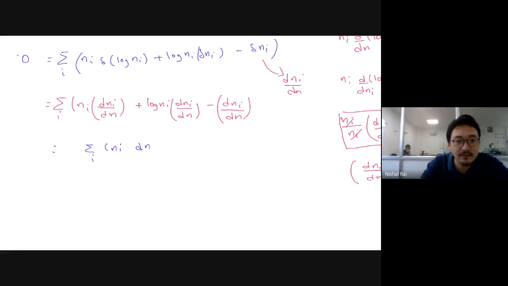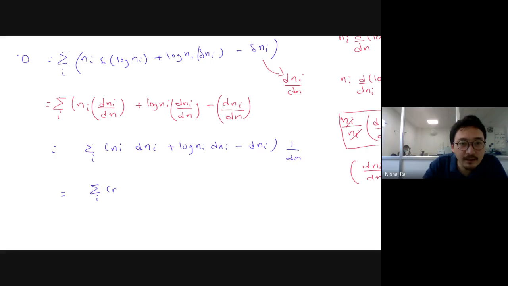Anyway, let's write it as dNi plus log of Ni d of Ni minus d of Ni, and the whole thing was divided by d of n. Do you all see? We take a derivative with respect to n so that we can remove it and take it on the other side. 1 by dn, we take it on the other side, and basically you'll end up with what?